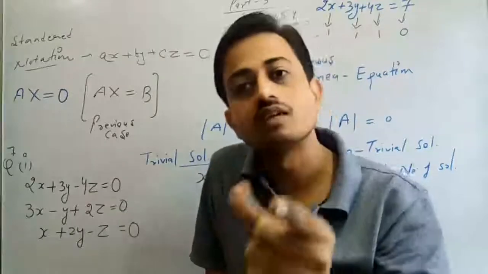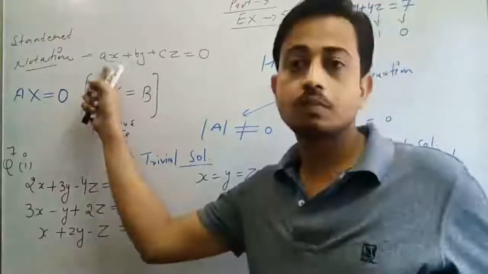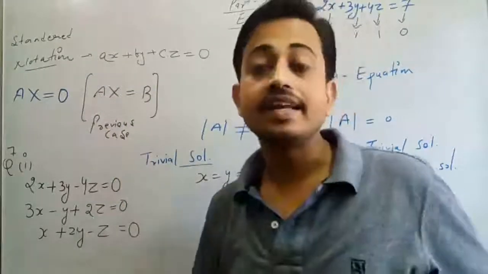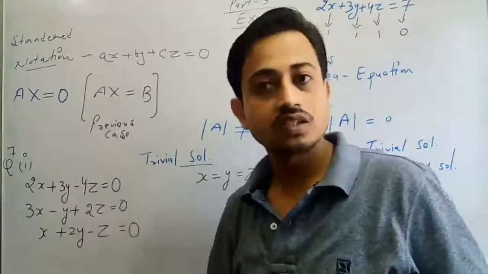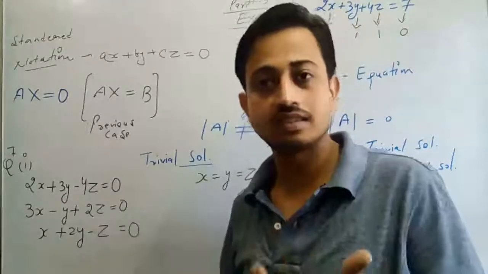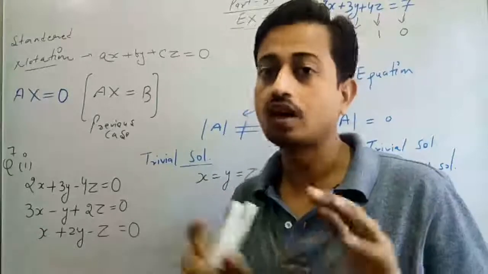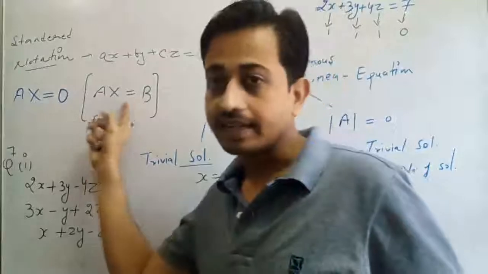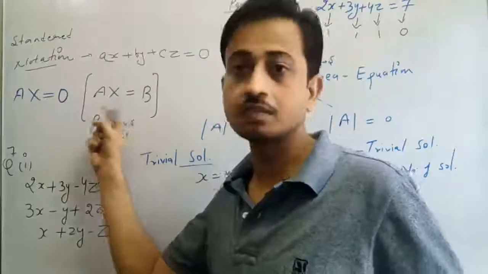So what's the standard form of a linear homogeneous equation? Ax plus by plus cz is equal to 0. If you get any equation like this, it means you have a homogeneous equation, and you have to apply the rules according to homogeneous equations. What are the conditions? Look at the first. AX is equal to B. We already did so many questions based on this method.